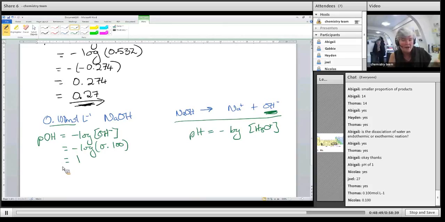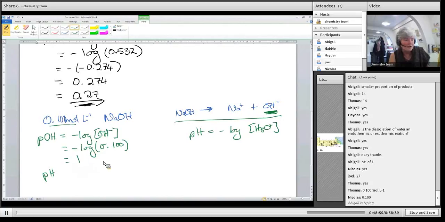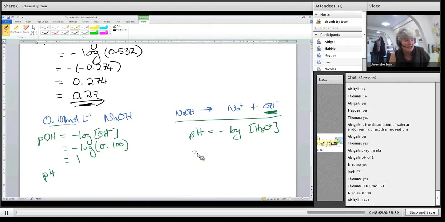So how can I find out the pH from my pOH? And this is the other equation you should really know, is that the pH plus the pOH is equal to 14. Correct, Abigail, you got it there. So the pH is equal to 14 subtract the pOH, which is equal to 14 subtract 1, and so the pH is 13.